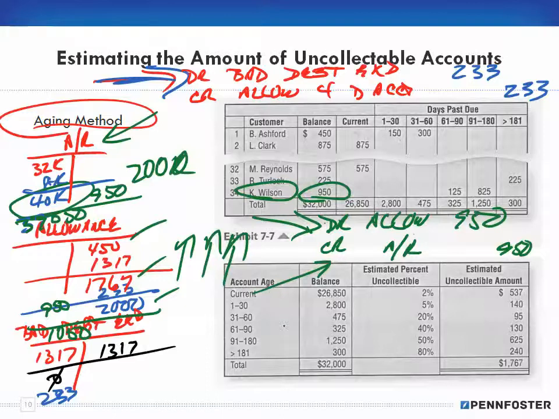Okay, so just as a quick recap, if you use the aging method, the balance in your allowance account is always going to be a direct reflection of your accounts receivable, and it will go up and down based upon the accounts receivable. But if you keep the accounts on your books, even though they're bad debt, your accounts receivable will always creep up and up and up.